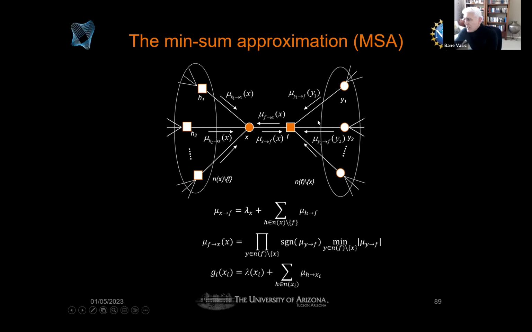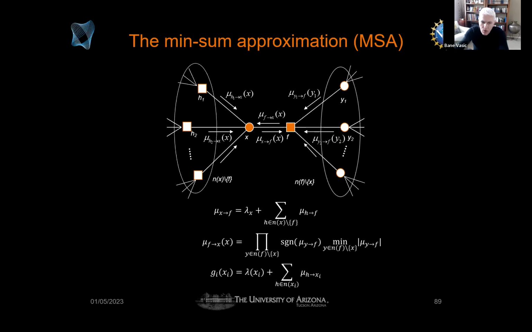Since the parity check equation needs to be satisfied, the product of signs must be 0. So this describes what is called the min-sum approximation of a more complicated algorithm called belief propagation. And variants of this algorithm are now implemented in many communication systems.